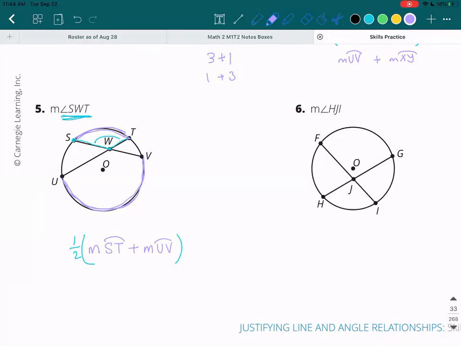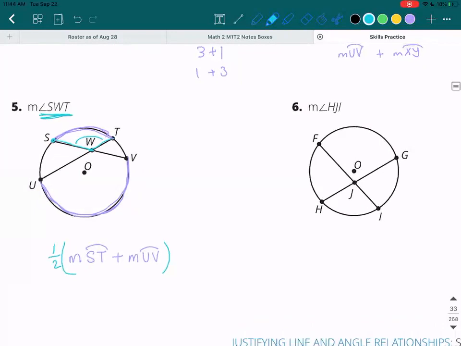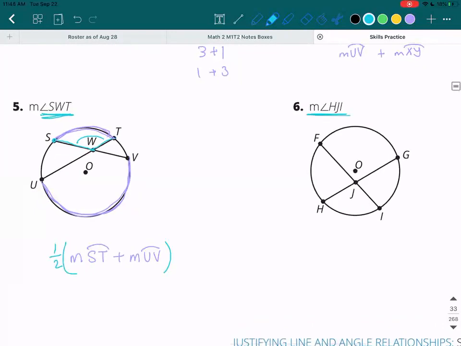And we have one more. For this one, we're looking for angle HJI, right over here. Given that it is that angle, what are the two arcs we are adding together? Is it FG?